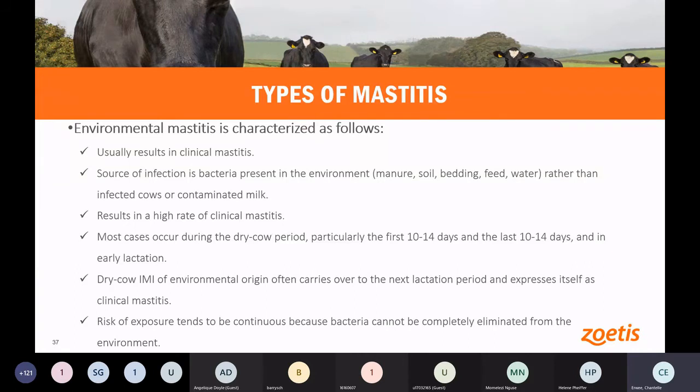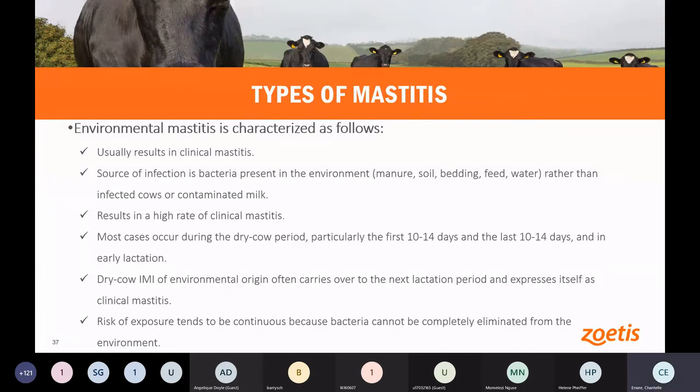Often what we see is that a dry cow can get an intramammary infection of environmental origin, and then it stays quiescent, it stays quiet until the next lactation, and then it presents as a clinical mastitis, but it was originally obtained in the dry period, and we'll look at that a bit later as well.